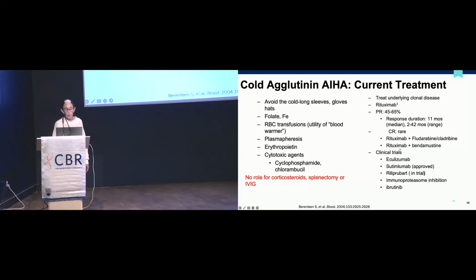There were clinical trials using eculizumab to block terminal complement, and there are some ongoing studies using ibrutinib and some of the proteasomes as well. But I'm going to talk a little bit more about sutimlimab, which has been approved and is very effective in blocking hemolysis and blocking complement.